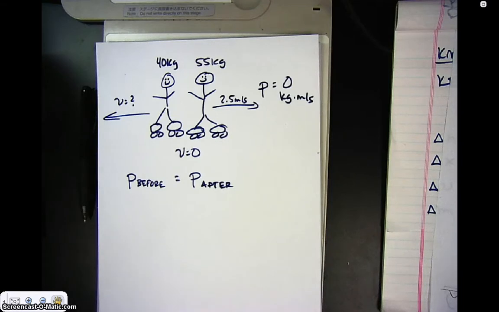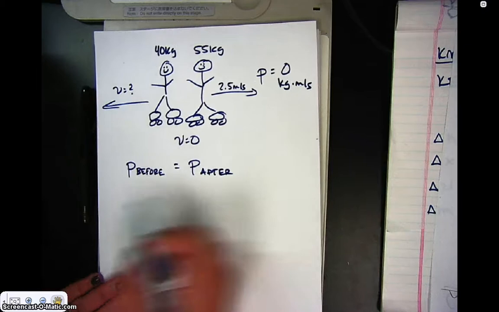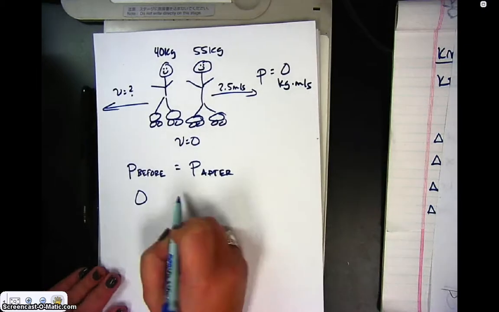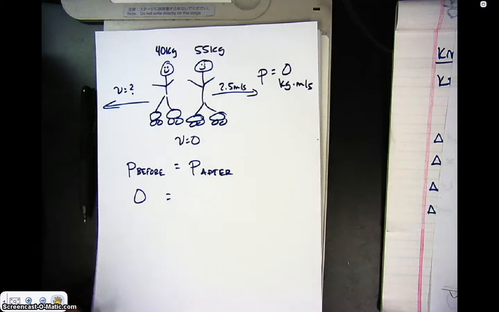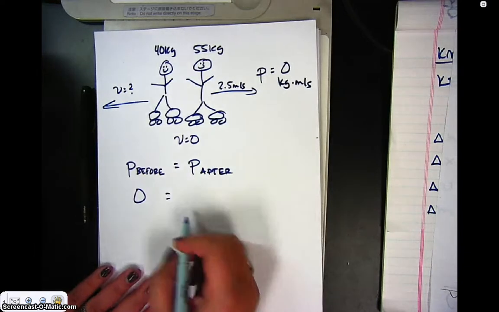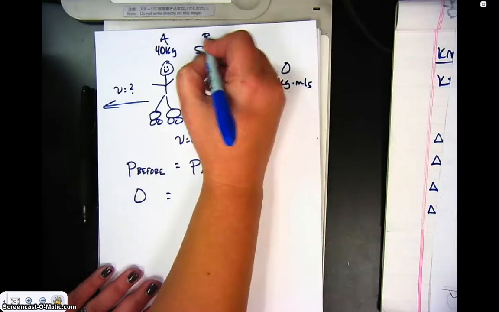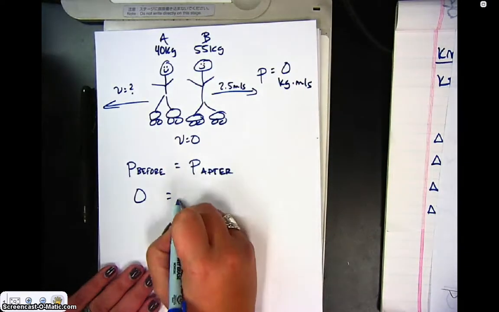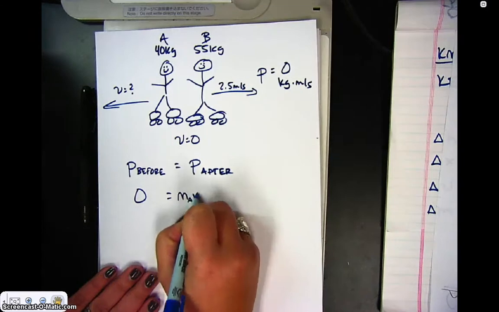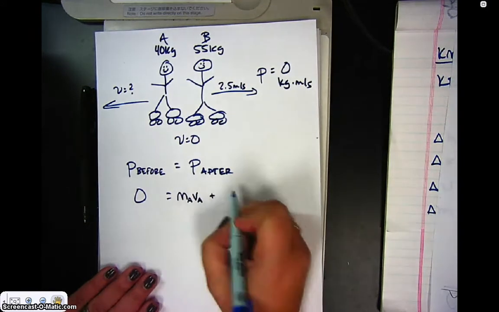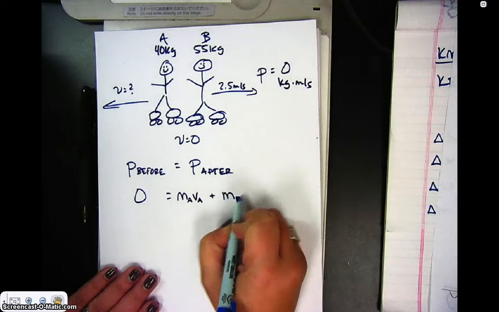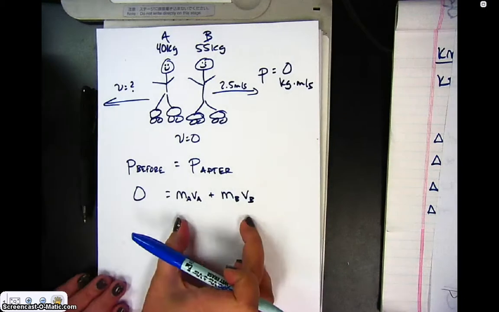What's involved in the situation after, and we calculate, and we set them equal to one another. So before, we have a momentum of 0, and afterwards we have the momentum of person A and person B. So we have the mass times velocity of person A, plus the momentum of person B. We just have those two momentums.